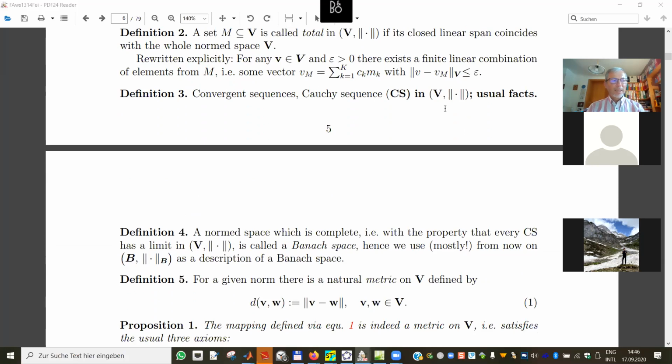If you're giving me any epsilon and you're saying, well, I want to determine something up to precision, maybe 5 digits, if it would be a real number or so, then I would say an approximating sequence, a so-called Cauchy sequence, is good enough as long as I take a sufficiently large index.